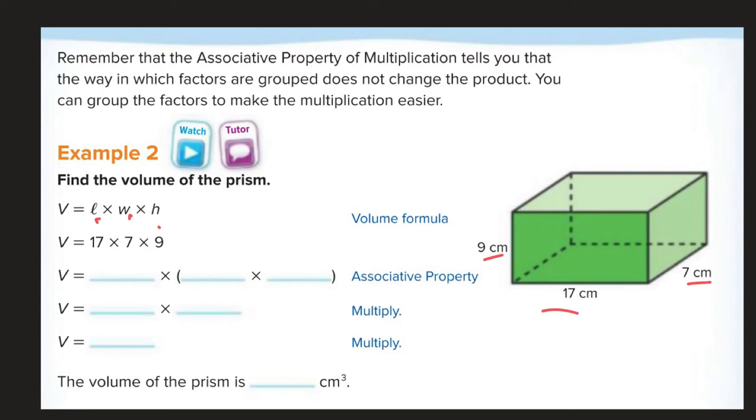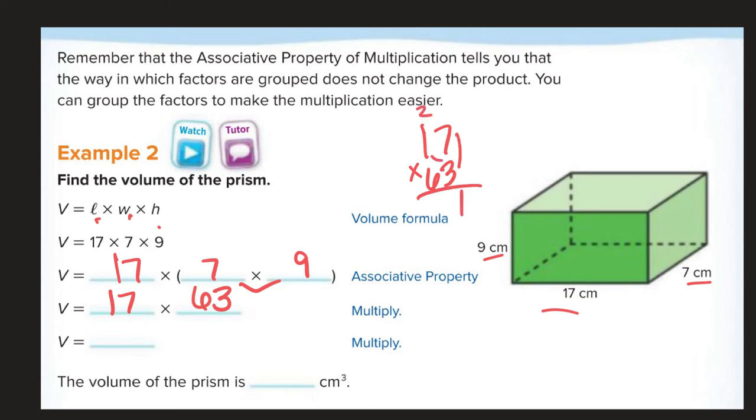Okay? So if I have 17 times 7 times 9, I could do 7 times 9 first and get 63 multiplied by 17. Okay, so if I'm going to do 17 times 63, 3 times 7 is 21. 3 times 1 is 3, plus 2 more is 5. 6 times 7 is 42. 6 times 1 is 6, plus 4 is 10.